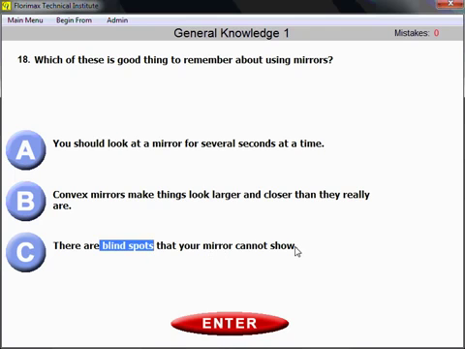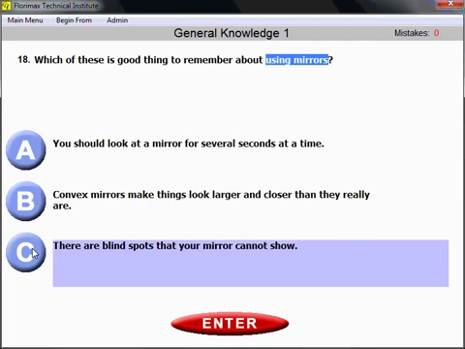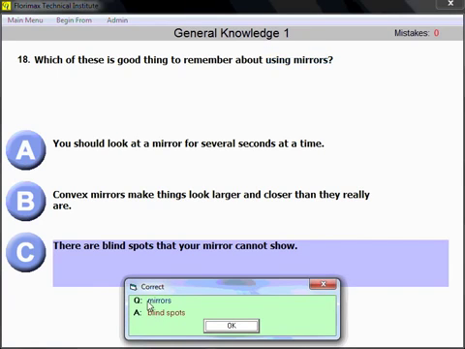And that's, by the way, why you have to use not only mirrors, but actually turn your head and look what is behind, on your side. When you use mirrors, remember there are blind spots that your mirror cannot show. And the program says, yes, we are correct. Mirrors, blind spots.